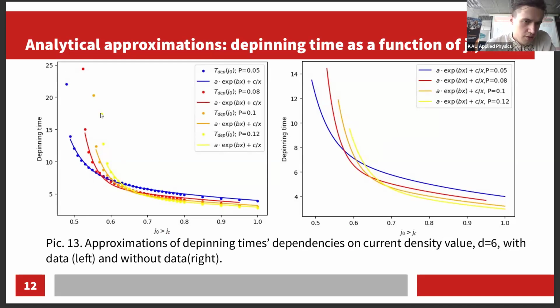So we discard these points and only approximate for the points with the 0.01 step forward. And here again, the dependencies are in the form of an exponent plus some term with x in the power of -1.